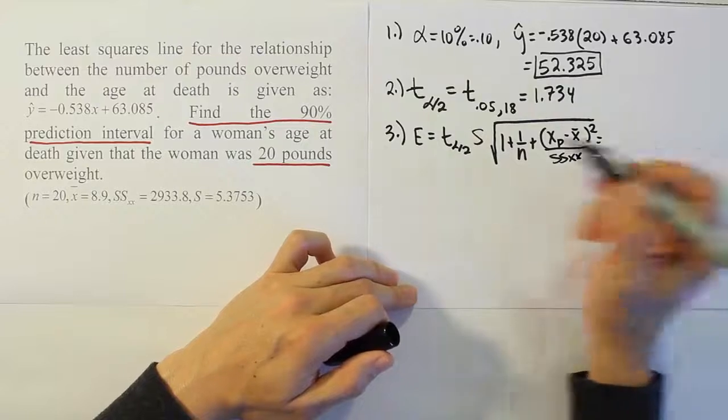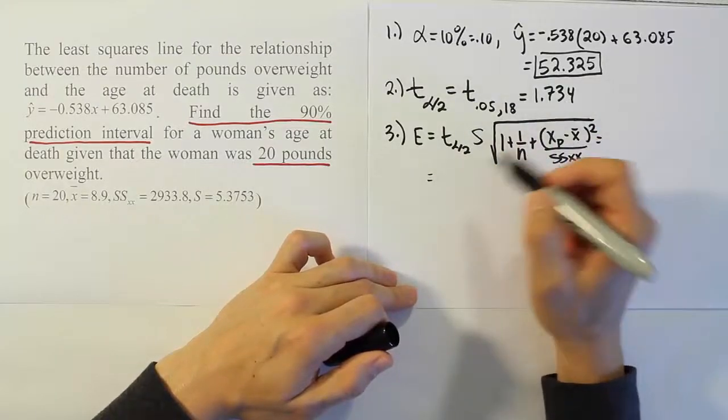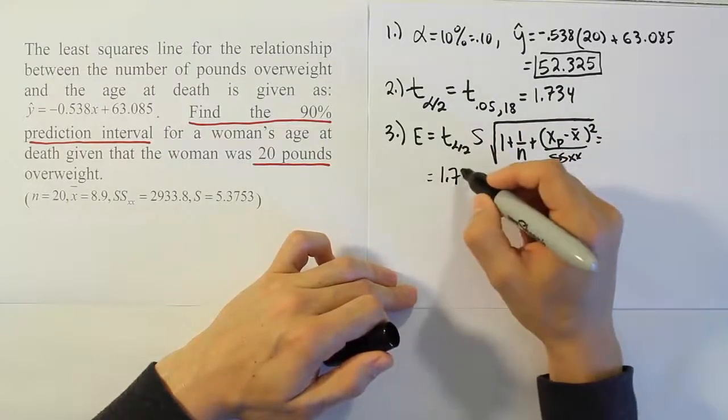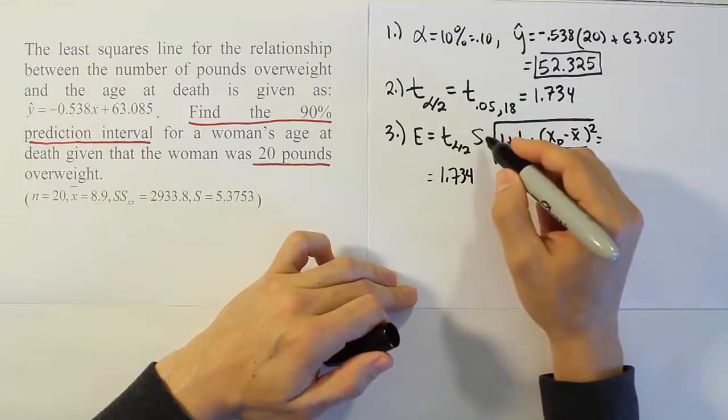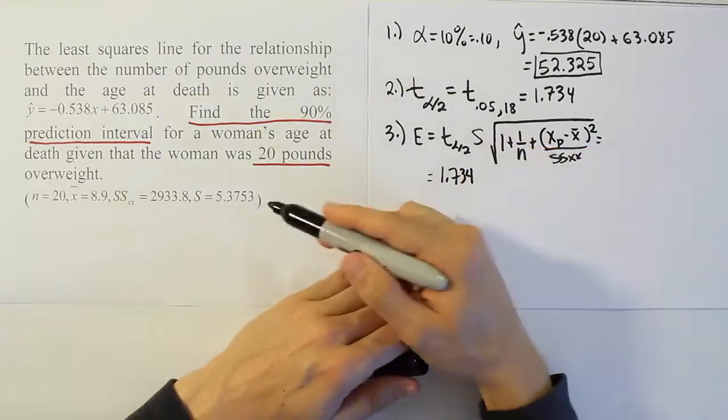All right, now our t alpha value is 1.734 times s. s here is 5.3753.